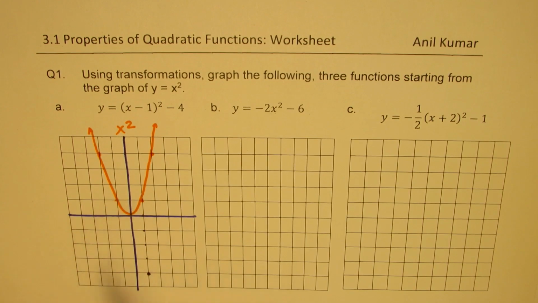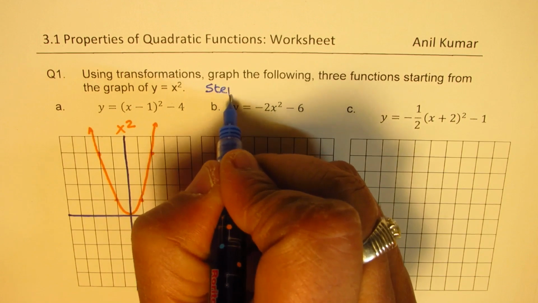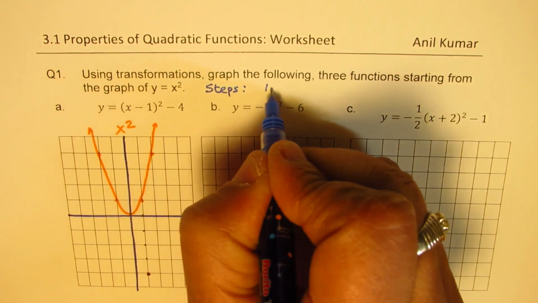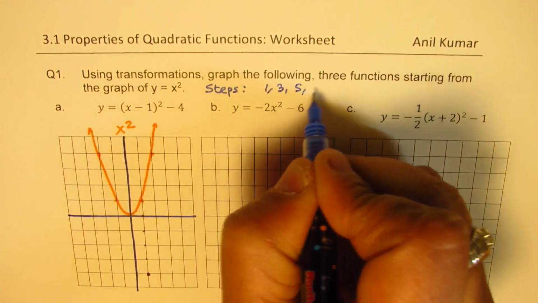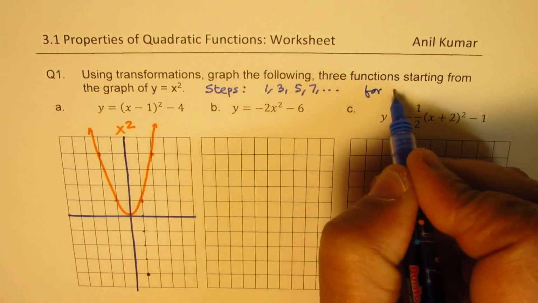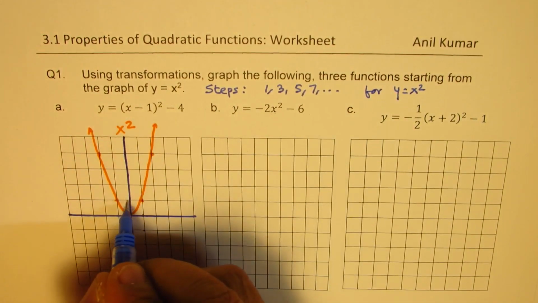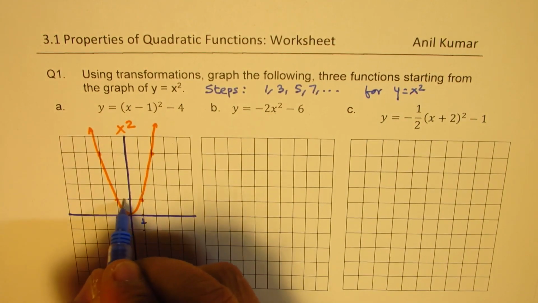So the key points which we considered, let me write down here the key points which we have used, steps. So steps used were 1, 3, 5, 7, and so on, right? And this is for y equals x squared, right? So that is how we got this curve, right? So each unit is 1 unit for us, right?